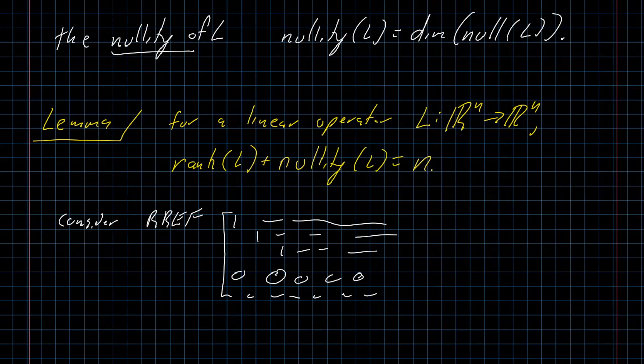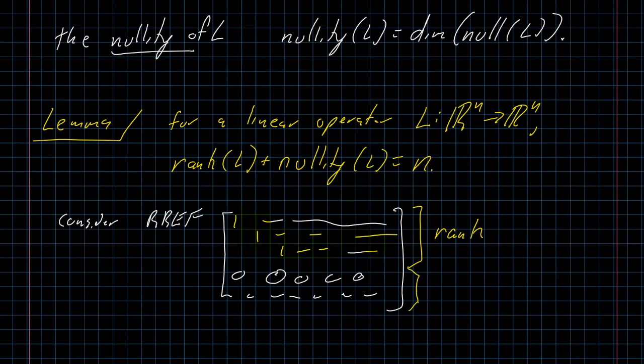In reduced row echelon form, you have some non-zero entries, or some non-zero rows. And we know that each of the non-zero rows contributes to the row space, and the rank of the matrix, the rank of the operator, is the number of non-zero rows.